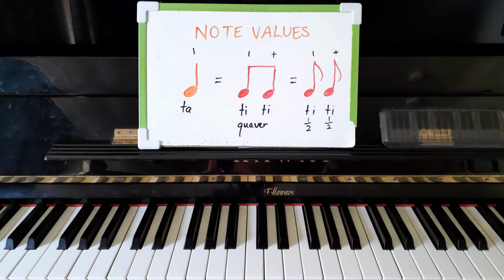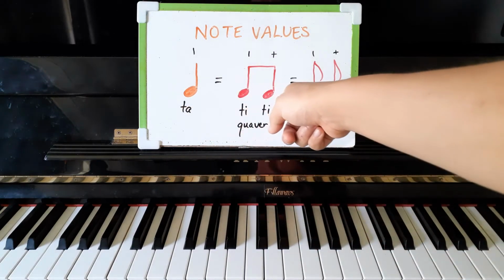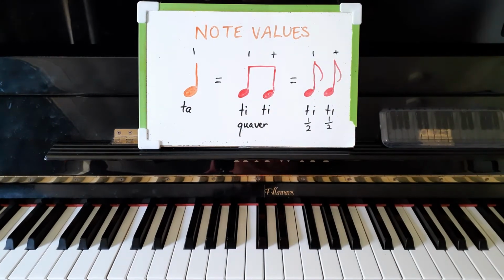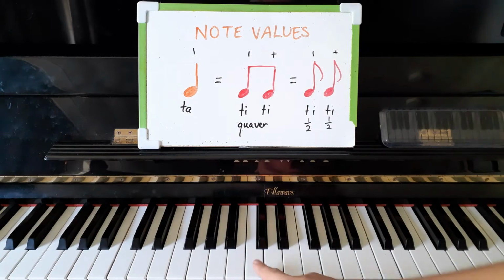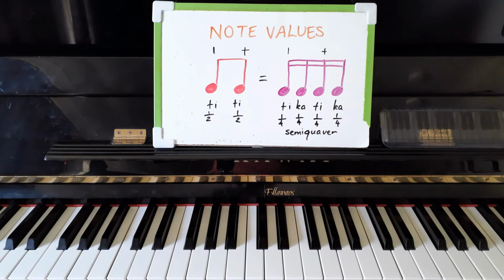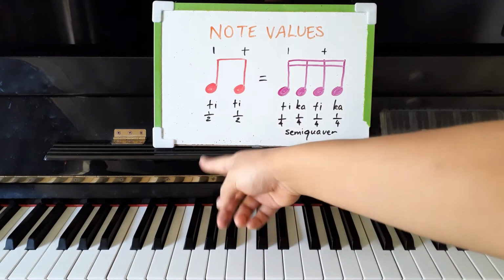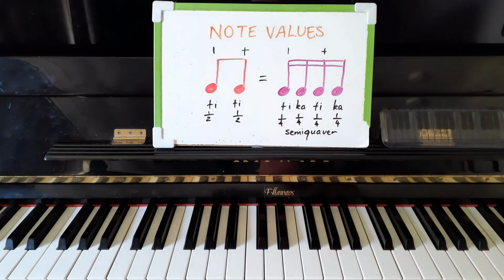Next we have our quavers. As you can see, a crotchet can be split into 2, and we have 2 quavers or 2 half beats, and you can also call them ti-ti. If you're clapping, ti-ti, and if you're playing it, ti-ti. Next, when our ti-tis are split, if we have 2 ti-tis, each with half a beat, they can be split into 4 semiquavers, and you can call them tika tika.